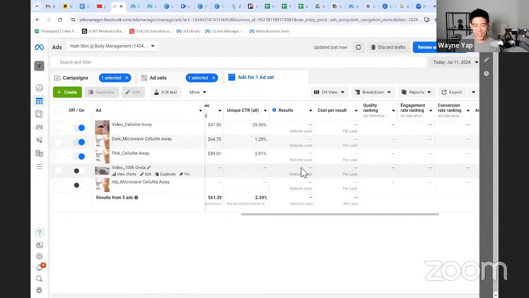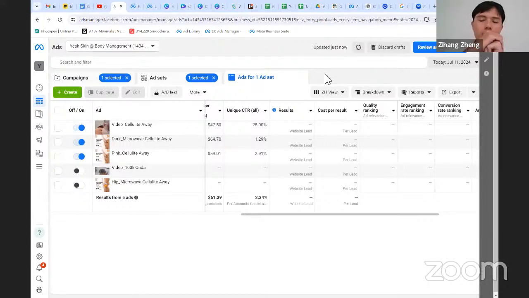However, for the last 7 days, maybe Meta doesn't want the creative anymore because they need new creatives, since the people they can show this creative to that will convert have already converted. So there are two parts to this. One is to spend less and monitor this every day.